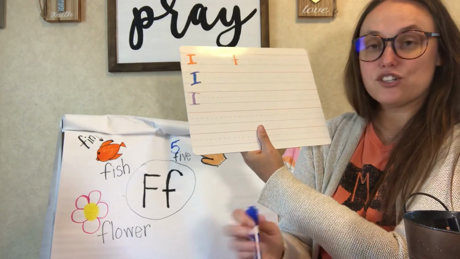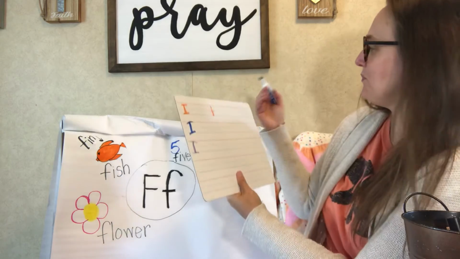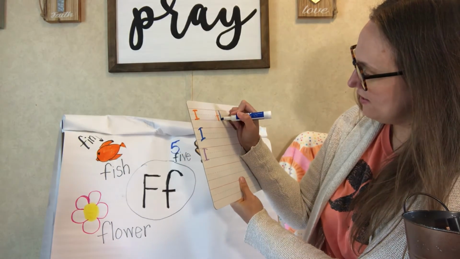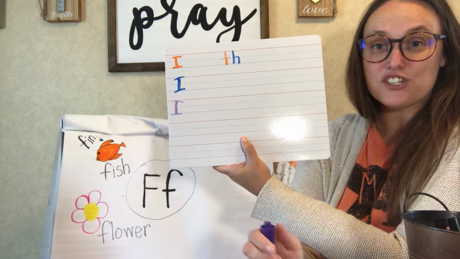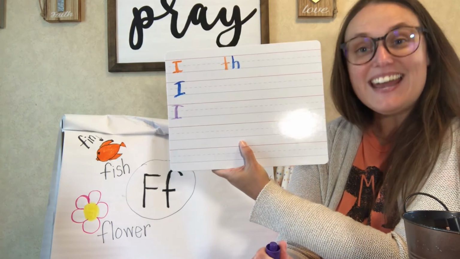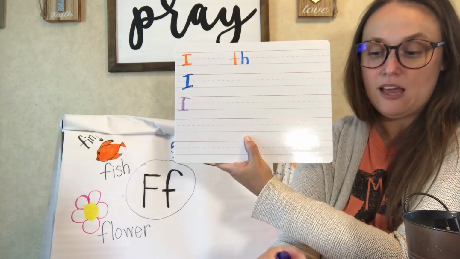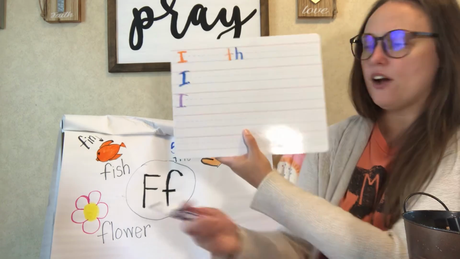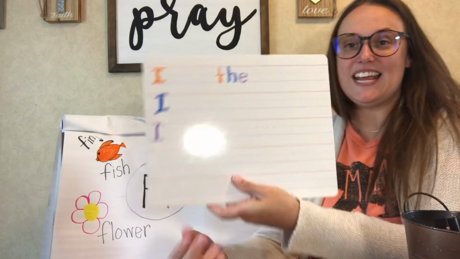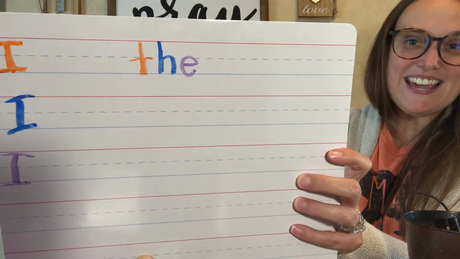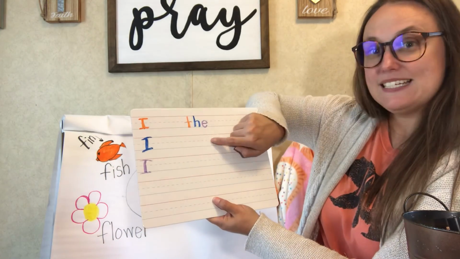And my next letter is going to be H. I'm going to use blue. All right. And my next letter is going to be an E. Good job. And I'm going to use purple. Okay, let's see if I can get my lid off. That was hard. Okay. E. T-H-E spells the.